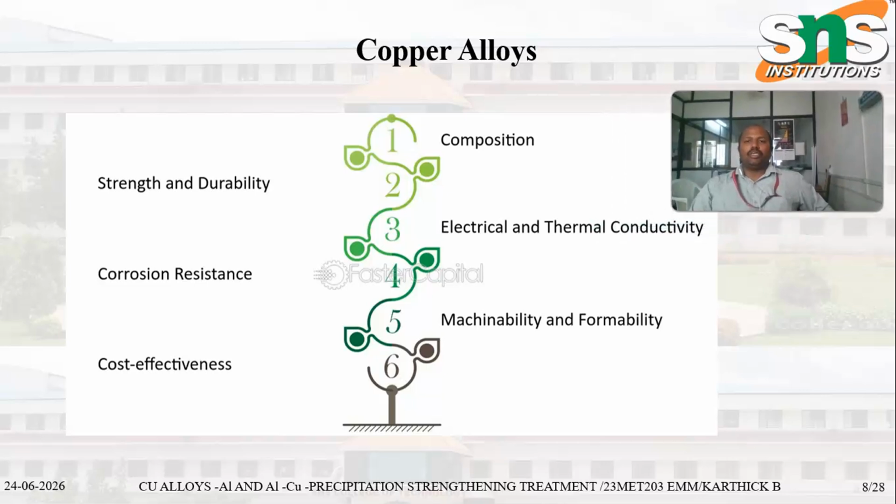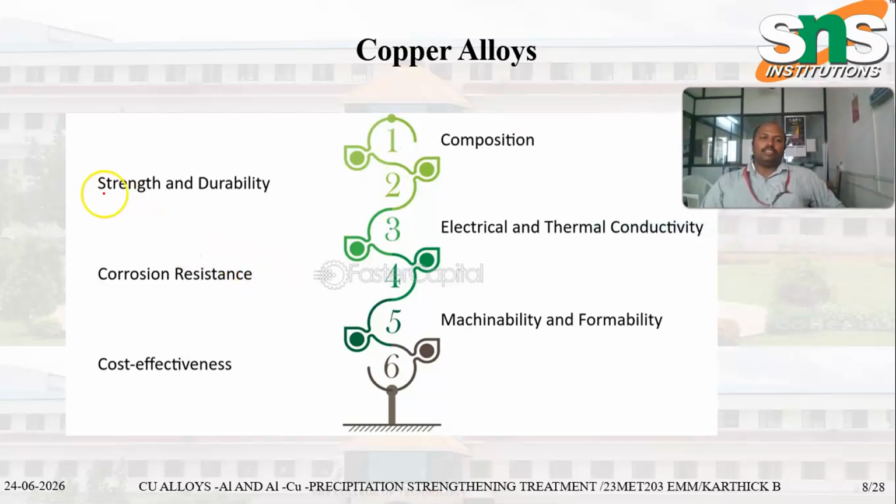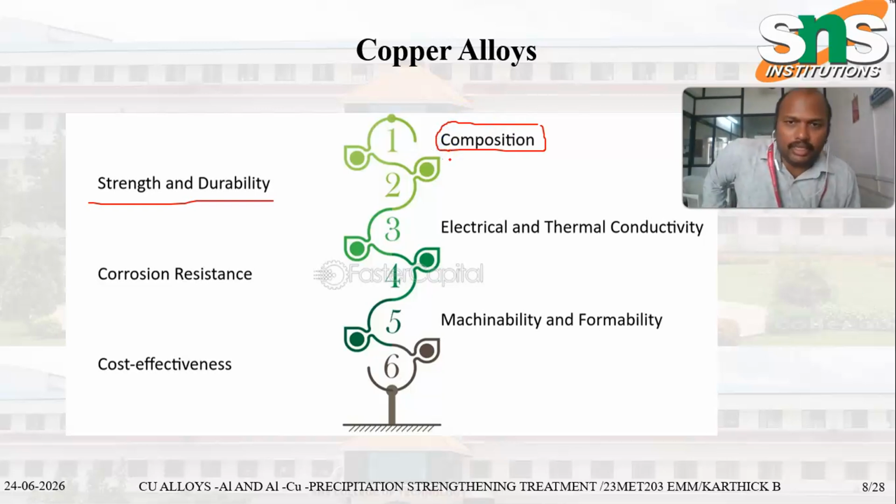The next topic is why copper alloys are used. The first reason is strength and durability. This depends on composition. If the copper alloys have a composition of aluminum, tin, or zinc, they improve the corrosion resistance and electrical conductivity of the material. The property is enhanced due to this composition, as it is interconnected with electrical and thermal conductivity.